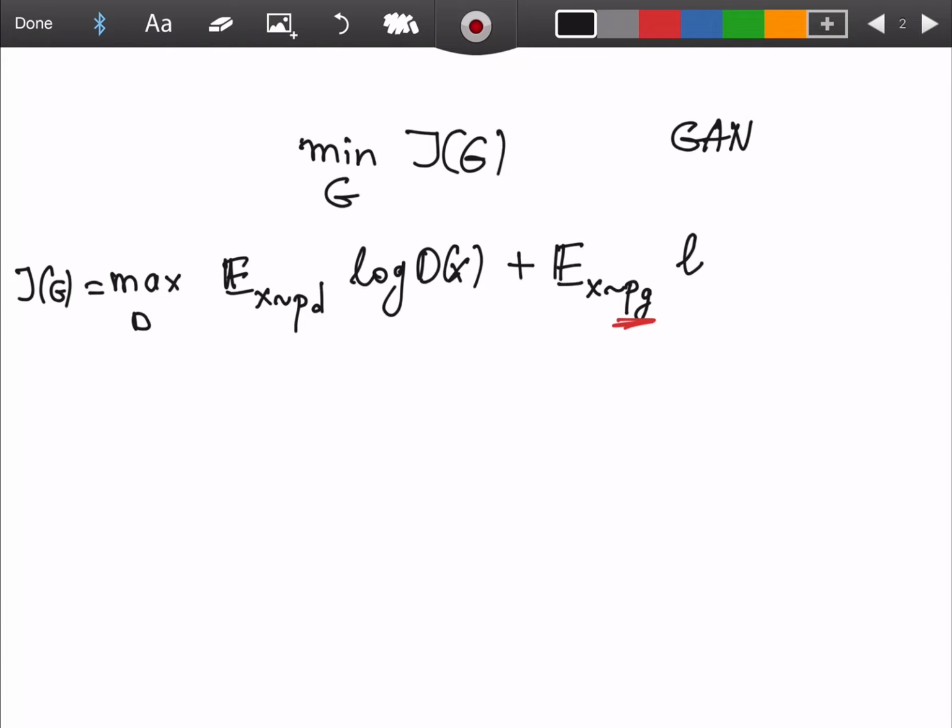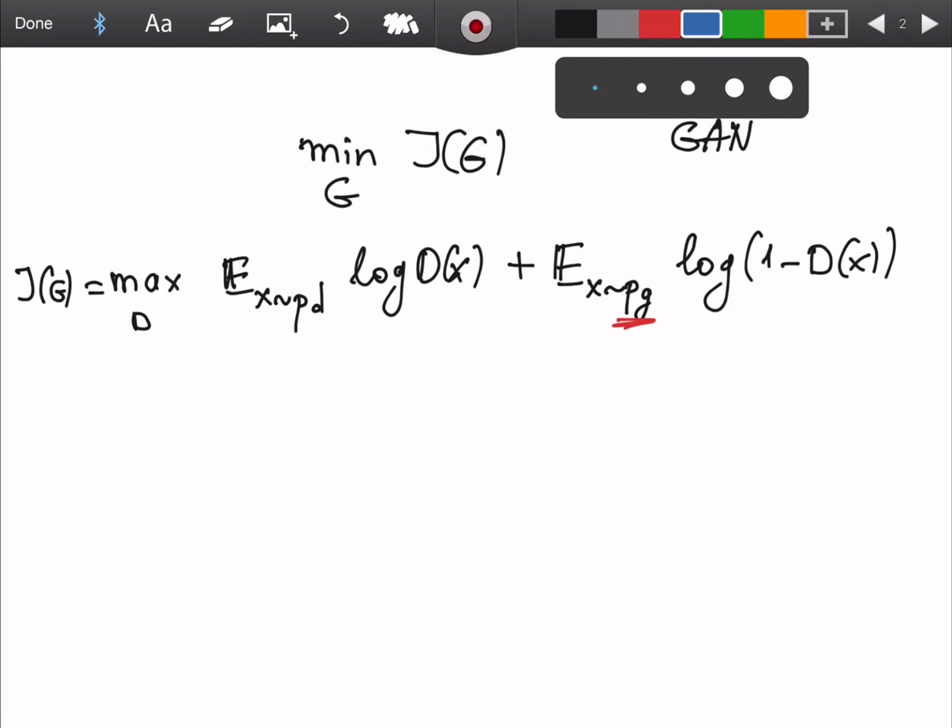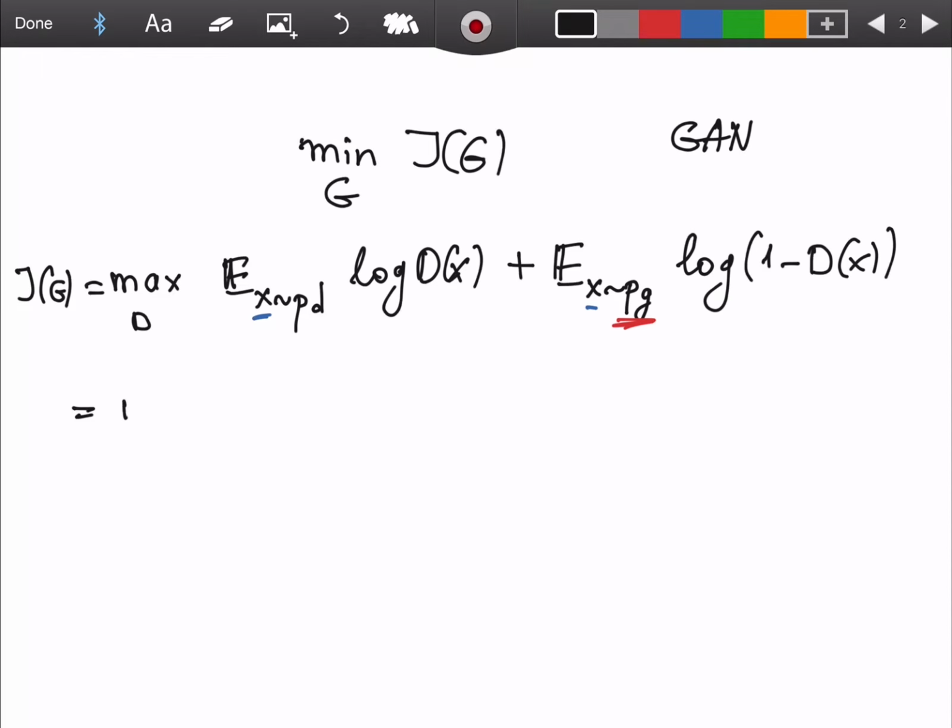And here I write again log 1 minus d(x). So it's still x, but here x is distributed according to PD, and here x is distributed according to PG. Let me actually write it explicitly, using probability density functions.